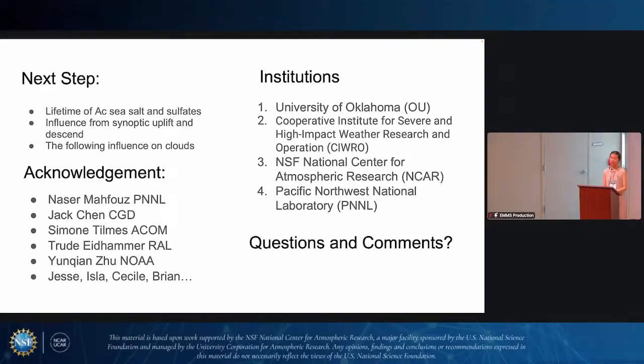And then the second thing would be how the lifetime would be changed, because we also change the lifetime of CCN over this area. Being a very pristine region for Southern Ocean clouds, exactly the next step to go is to start thinking about the microphysics part from CCN to clouds, like aerosol-cloud interaction.